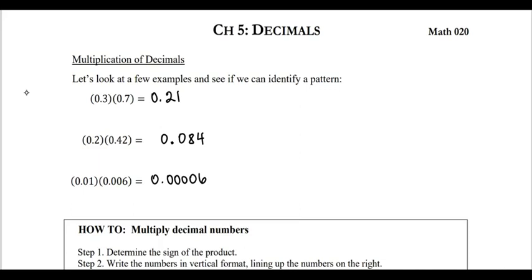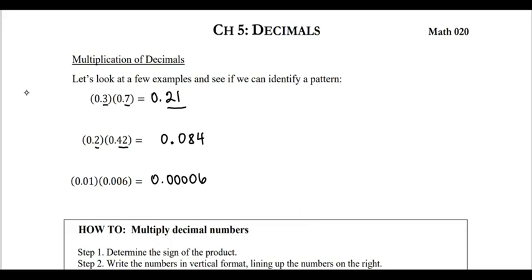The clue here is how many decimal places we have altogether when we multiply two numbers. In the first case, we had one decimal place and another decimal place. So total 2, we have two numbers behind the decimal point. In the second example, you had 0.2, so 1 digit behind the decimal point.